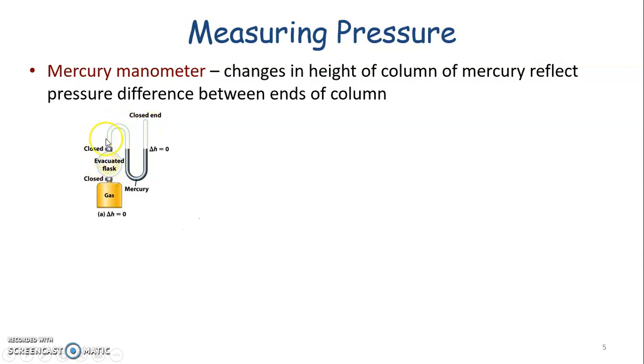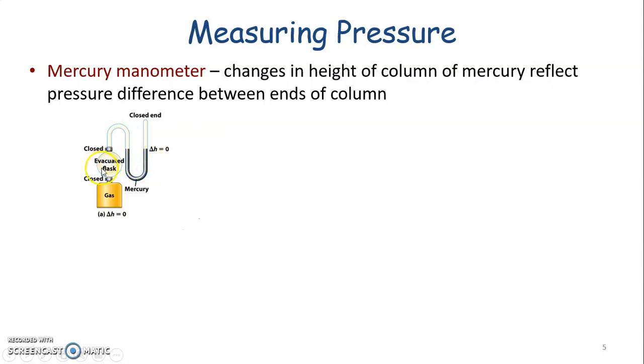And so if we connect that to an evacuated flask, the difference in height between the 2 sides of the column of mercury is going to be 0, right? So the mercury is in this U bend, so you're essentially connecting this volume and this volume, and the forces on the 2 different sides are going to cause changes in the height of the column of mercury.